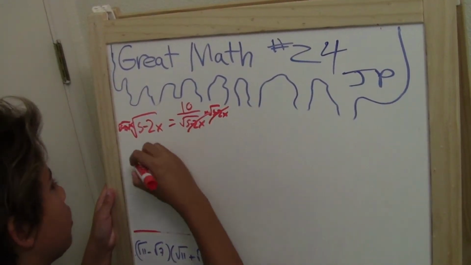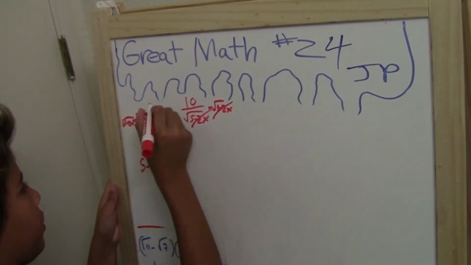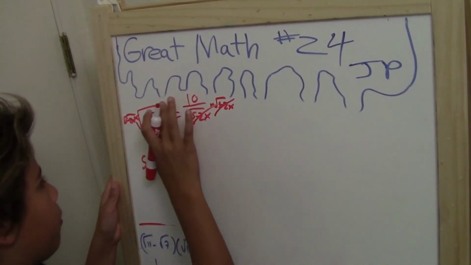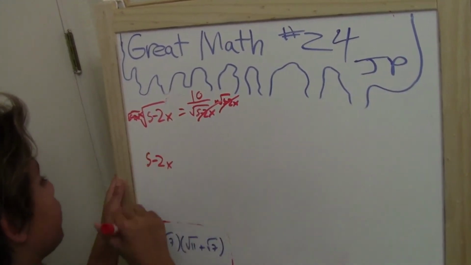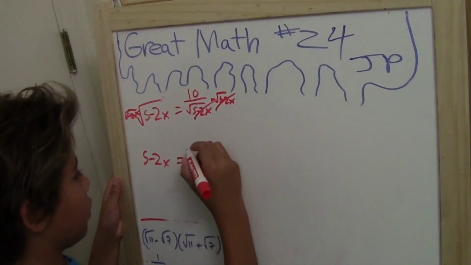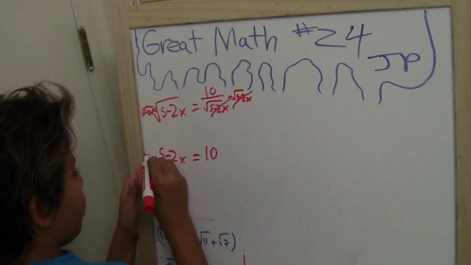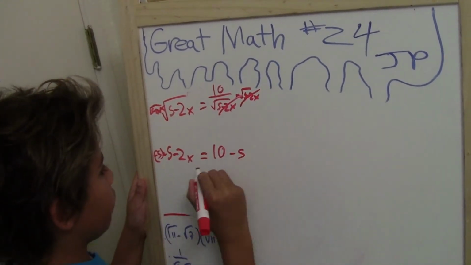That cancels these two. Then that's 5 minus 2x, because when you square that, it cancels out the square root and the square. Then this is equal to 10. Well, we can minus 5 on both sides.